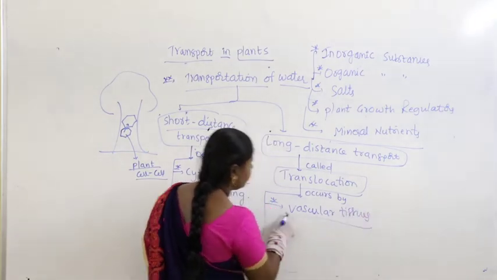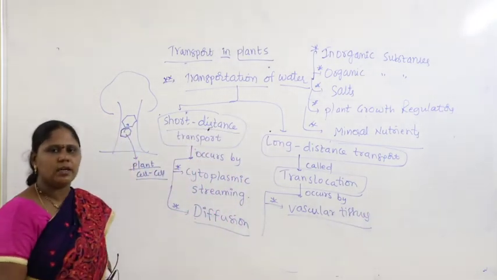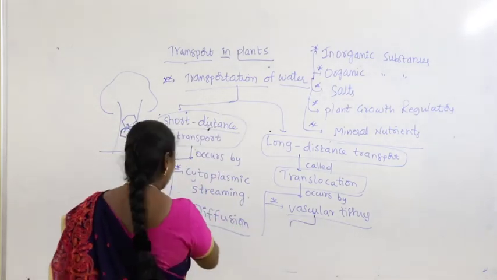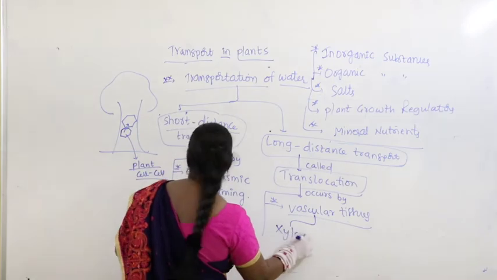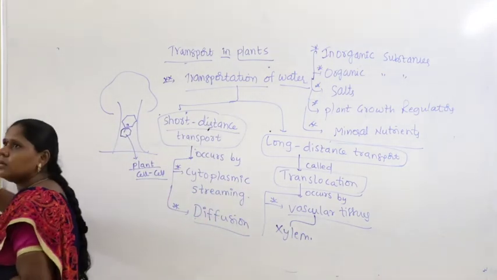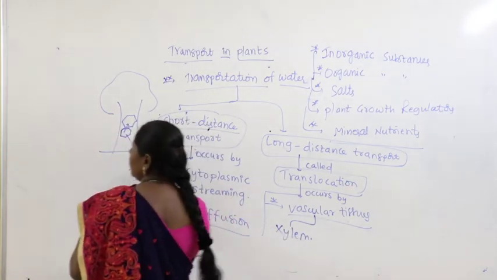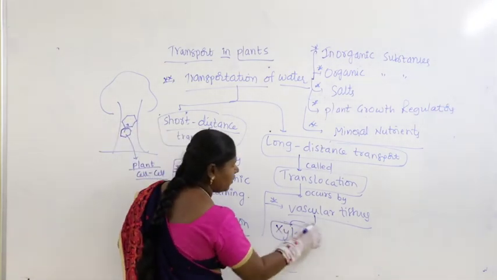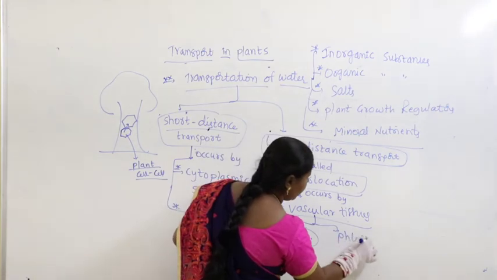vascular tissues. What are these vascular tissues here? They are nothing but xylem and phloem. What you find here is xylem, and what we find here is phloem.